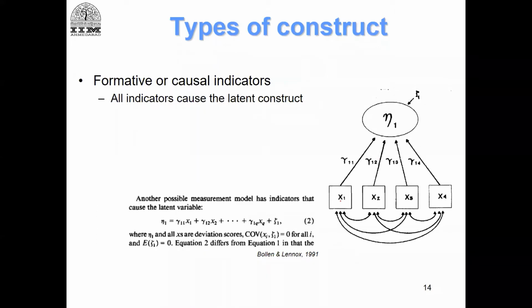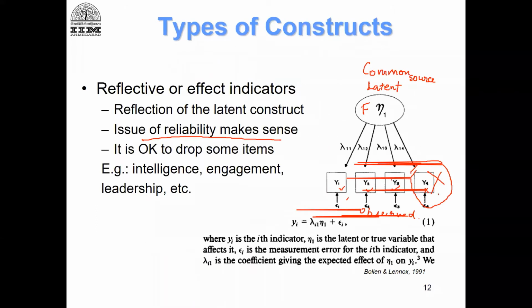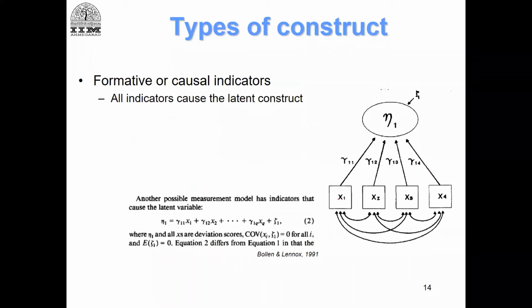Now if you see, compared to this model, in this model the arrows are going from observed to the latent. So x1, x2, x3, x4, and then you have the loadings gamma 11, gamma 12, gamma 13, gamma 14, and then there is an error associated with the latent factor.